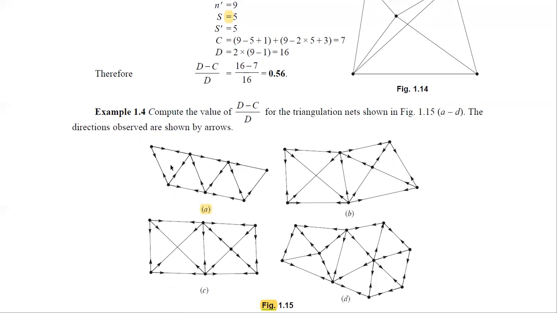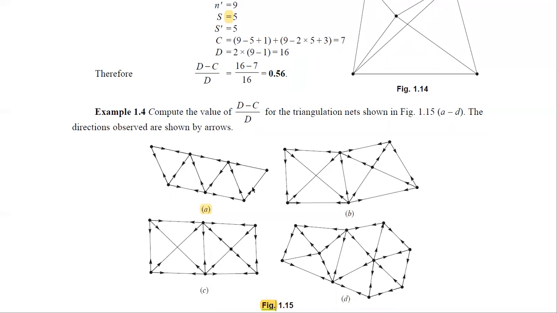Now similarly we'll count the number of lines: 1, 2, 3, 4, 5, 6, 7, 8, 9, 10, 11. Now we'll count how many lines are observed in both directions. This one has been observed in both directions, this also, this also, this also, this also, this also, these two, these two. But except these two, every line has been observed in both directions.